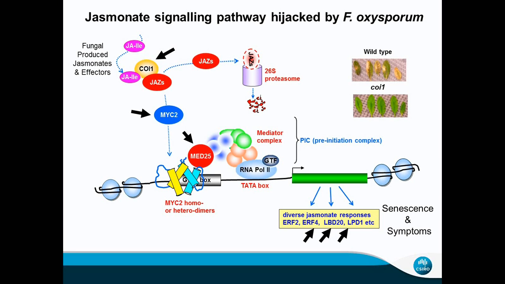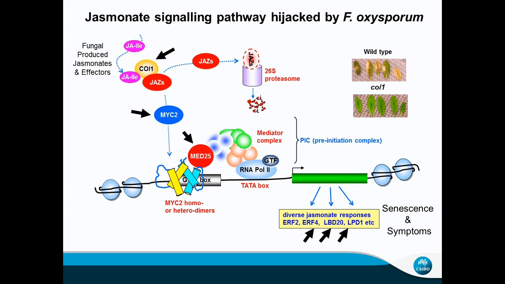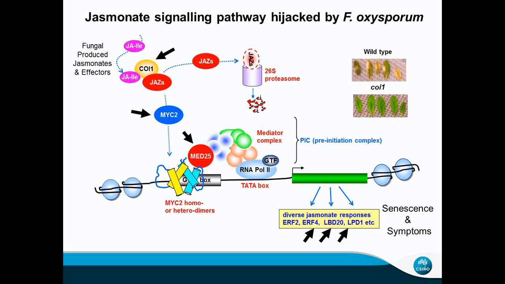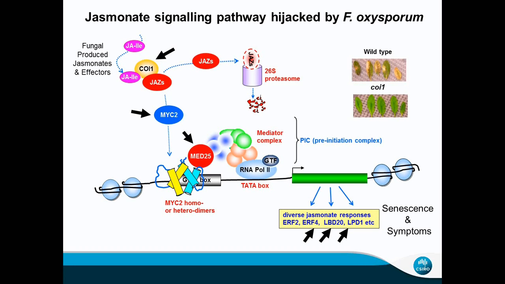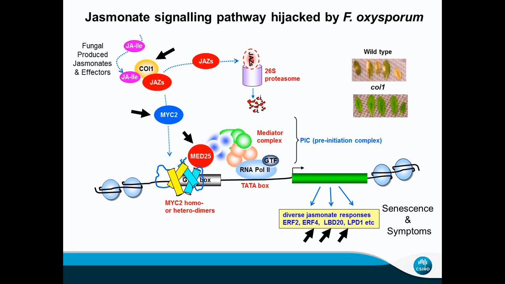As I said, this is an important plant defense pathway against a number of pests and pathogens, in particular necrotrophic pathogens. When plants are attacked by a fungus or insect pest, they produce the active form of jasmonic acid, jasmonoyl-isoleucine.